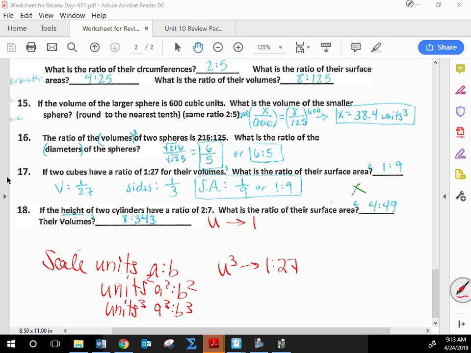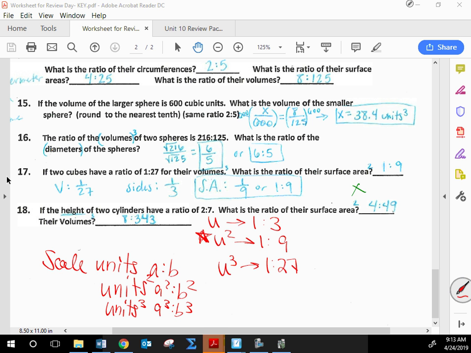The cube root of 1 is 1. The cube root of 27 is 3. And they ask about the ratio of surface areas. Surface area is measured in units squared, so I just square it. It's not a very exciting number, it just keeps going. Other questions on 14 through 18?